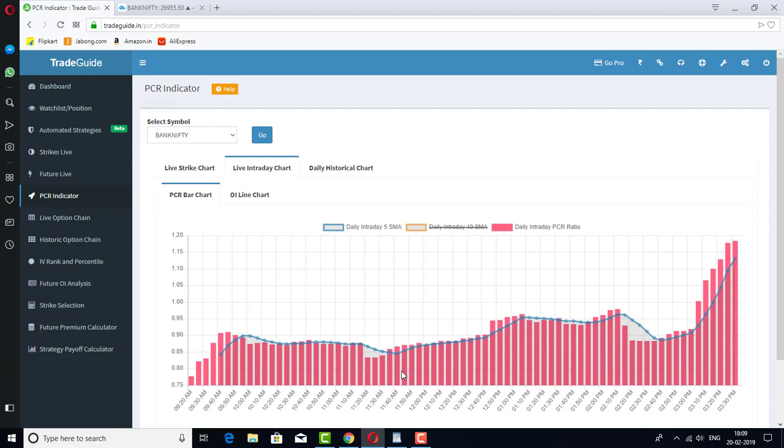So we need to go with the put sellers and be bullish on the market. On the other hand, when there is a downside break, you need to go with the call sellers because they are more in number in the market. So we need to take a bearish position. So this was all about the PCR indicator.